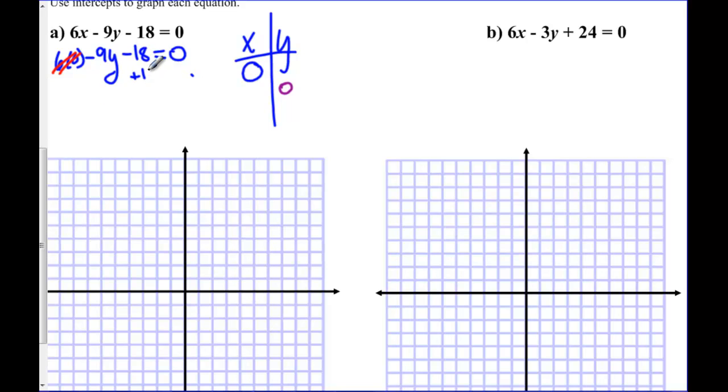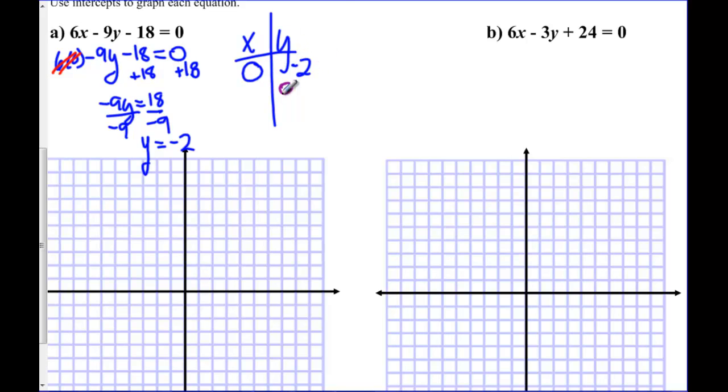Let's add the 18 to both sides. So we got negative 9y equals 18. Divide both sides by negative 9. They cancel over here, so we're going to end up with y equals what? Nice, negative 2. I was waiting to trick you on the negative sign. So here's our y-intercept of 0, negative 2.